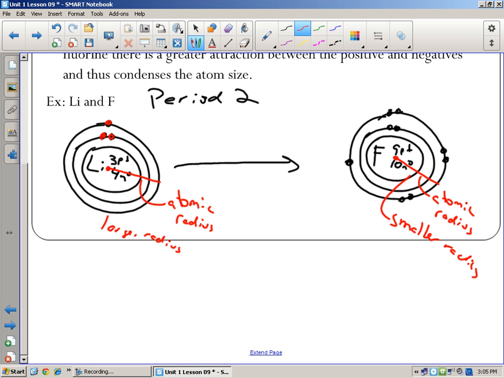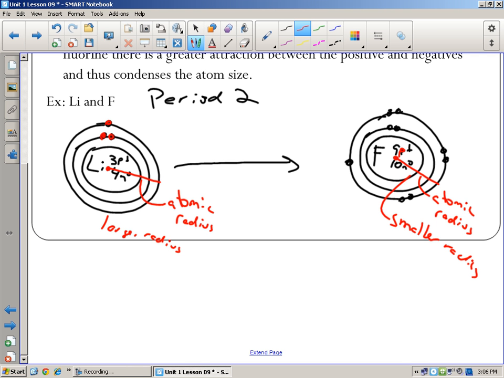So 3 positives, 3 negatives, there's some attraction there. What about 9 positives and 9 negatives? Are you going to have more attractions between 9 positives and 9 negatives than 3 positives and 3 negatives? Yes? I think so. So 9 positives, 9 negatives, a lot more attraction. And of course what this does is it condenses the atoms.